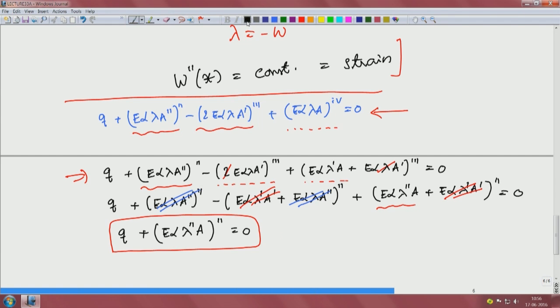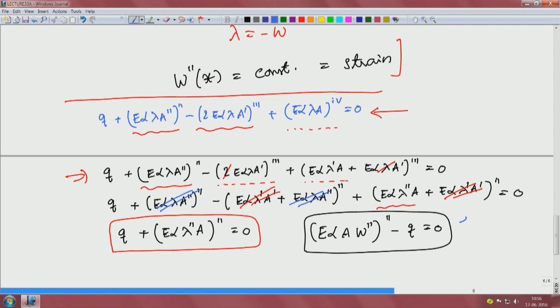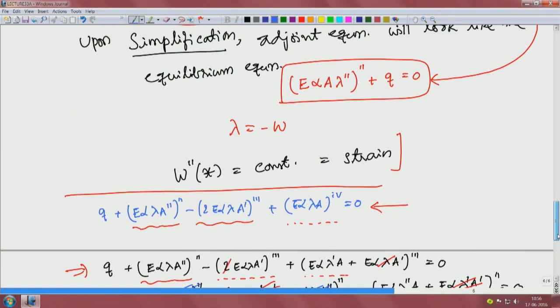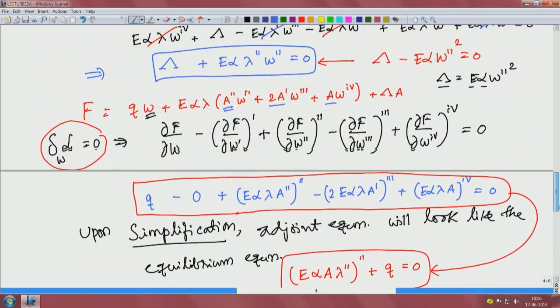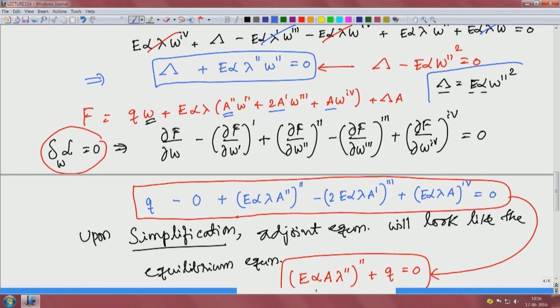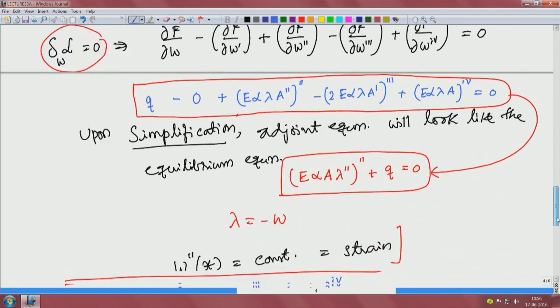If we compare that with the equilibrium equation that we had, which was E alpha A W double prime minus q equal to 0, that was the equilibrium equation from above, which we had also derived in the last lecture. If we compare these two, we immediately conclude that lambda equals minus W, which when we substitute in the design equation gave us the condition that lambda is equal to E alpha W double prime square.